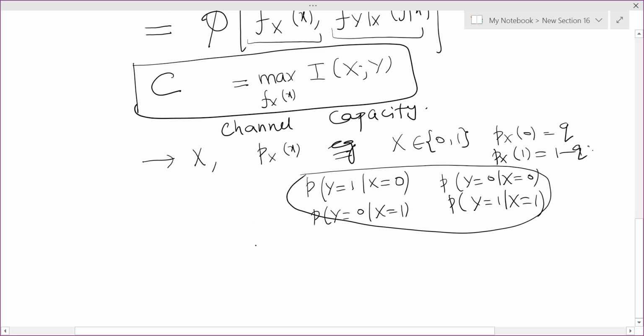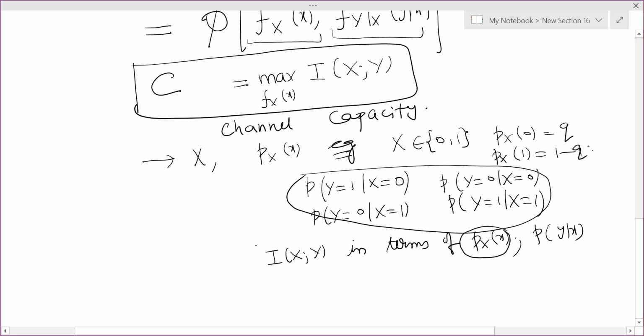Someone may tell you to compute the channel capacity. What will you do? You will do a very simple thing. You will express I(X;Y) in terms of p_X(x) and p_{Y|X}, and you will take p_X(x) as a variable.